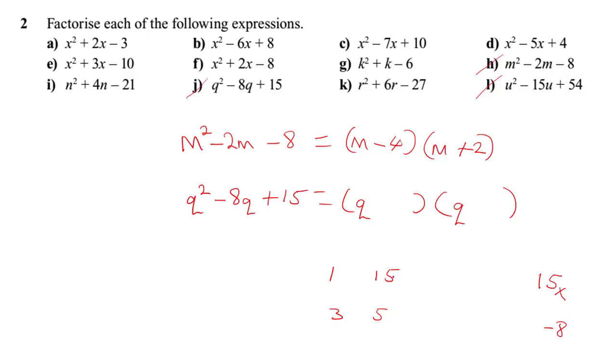Okay, now for me to times two numbers to get 15, it means that either those two numbers are positive or they are both negative. It's possible that they can both be negative because negative times negative is positive. So it could be this one or it could be this one. Or it could be 3 times 5 or even negative 3 and negative 5 because negative times negative gives me positive. So now I want to see the ones that if I add, I get negative 8.